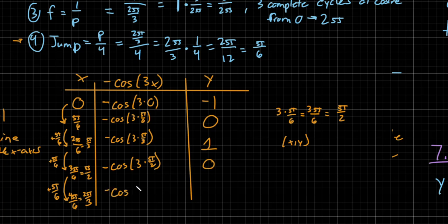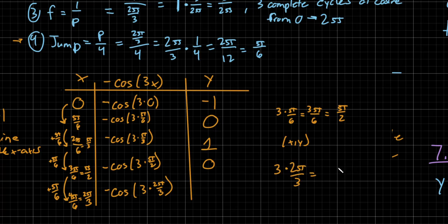Negative cosine of 3 times 2 pi over 3. What does the inside simplify to? Wait, don't look at the unit circle yet. What does the middle simplify to? What is 3 times 2 pi over 3?